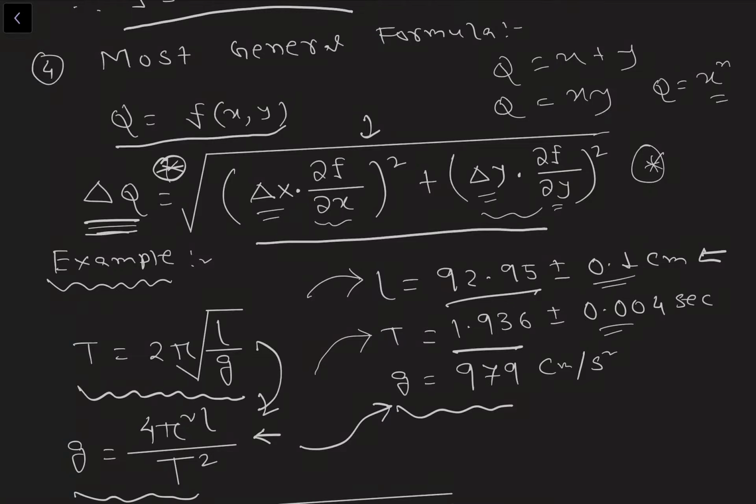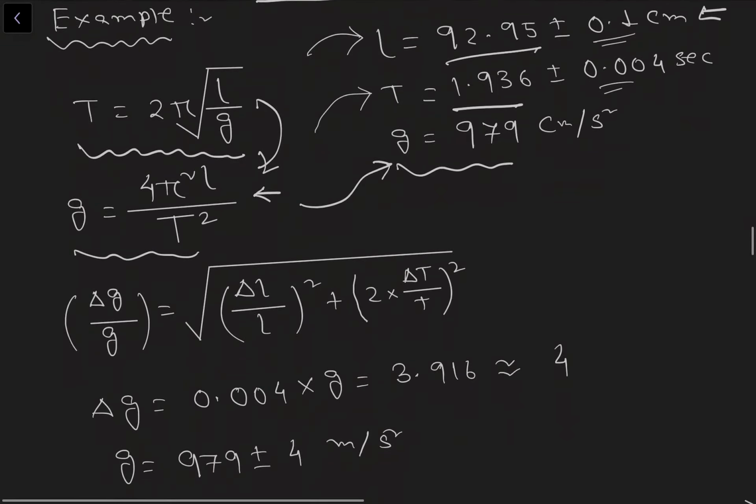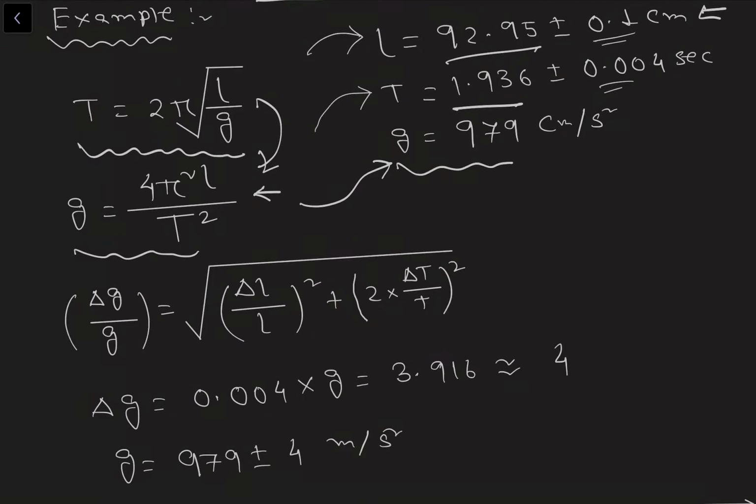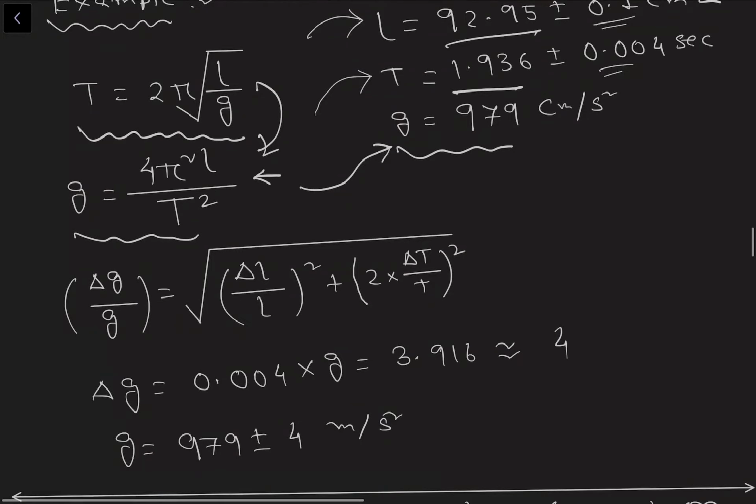Now here I can use this most general formula, but let us not go to this complicated formula. Let us try to do it in a simple manner. So consider L by t square as L by Z. This now becomes a division formula.